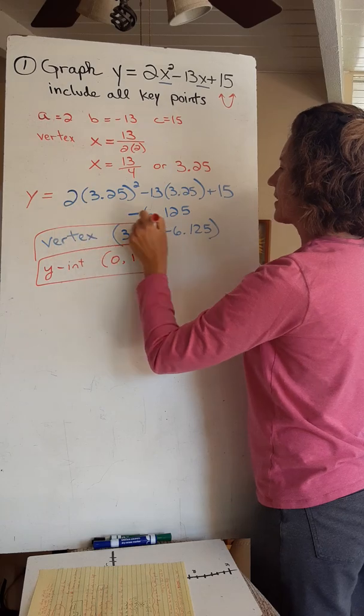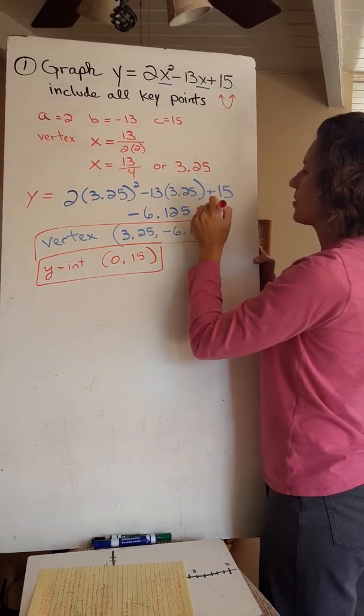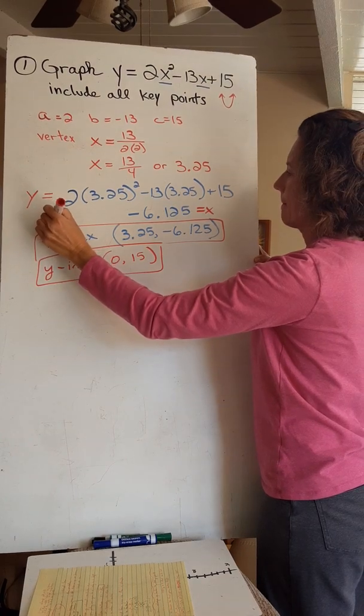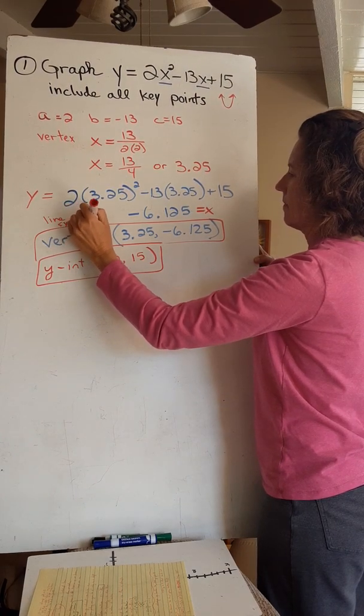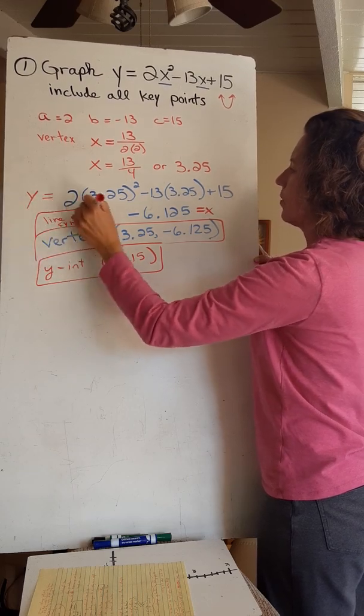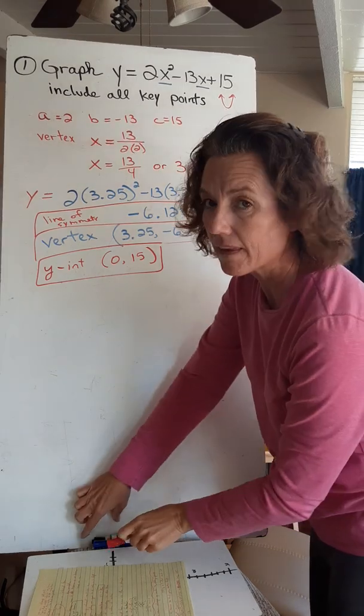Here's our vertex, and then this is our line of symmetry right here. So the only thing we have left to find are the x-intercepts.